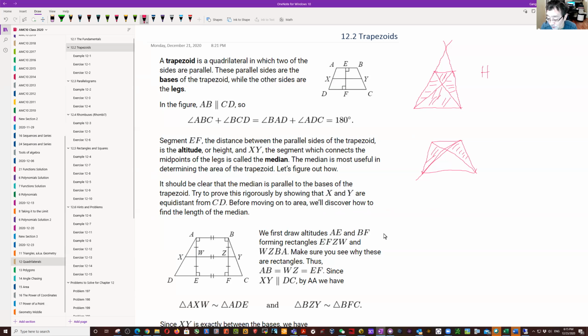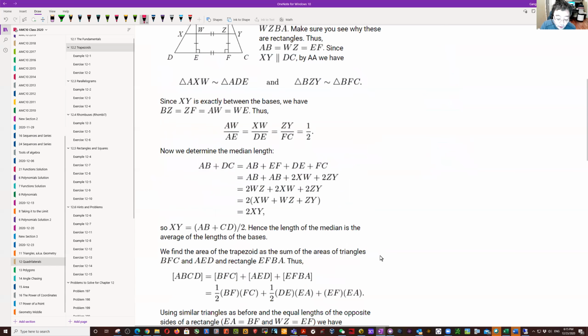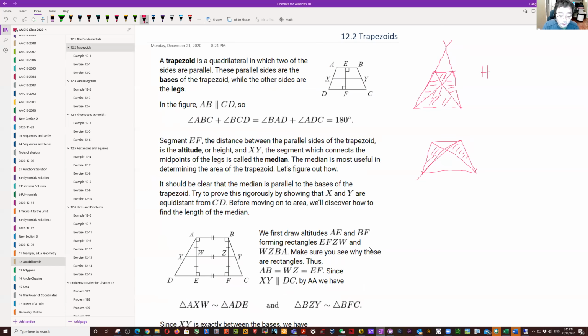Let me use this example. The area of this triangle and this triangle is the same. Then the area of those two triangles on the opposite sides is the bigger triangle minus the common triangle, so those areas are the same. So when you're doing trapezoid problems, you always have to be aware of those facts and go along with them.